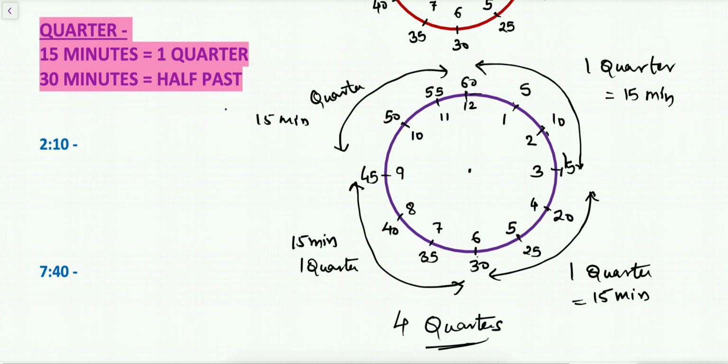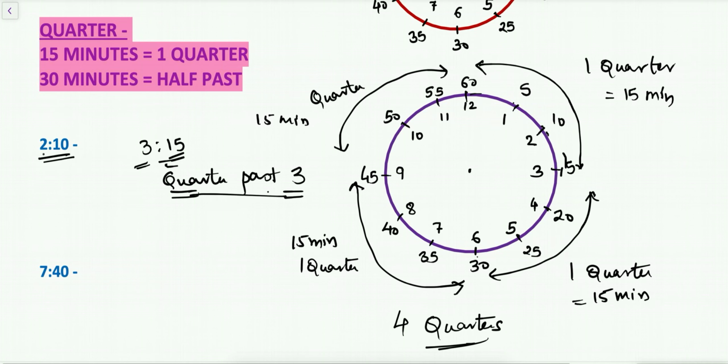So how will we read the time here? For example, if the time is 3:15, what will we say? Quarter past 3. That is, a quarter means 15 minutes past 3 is already over. So this is how we read the time. Now let's see how to read 2:10. In the normal way we say 2 hours 10 minutes.